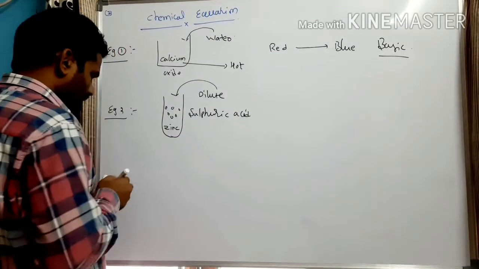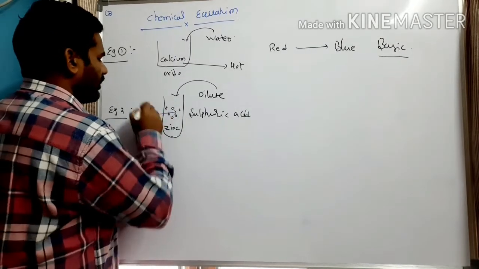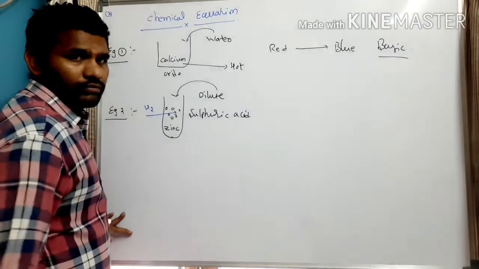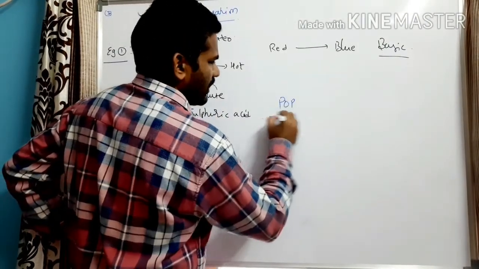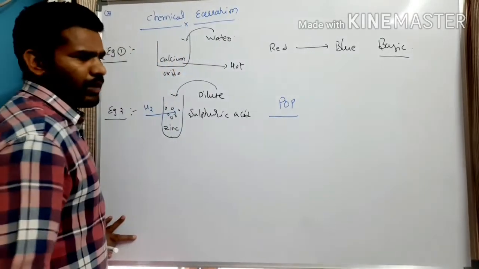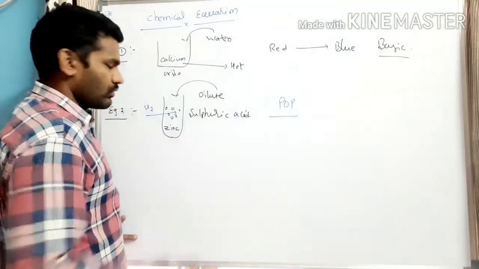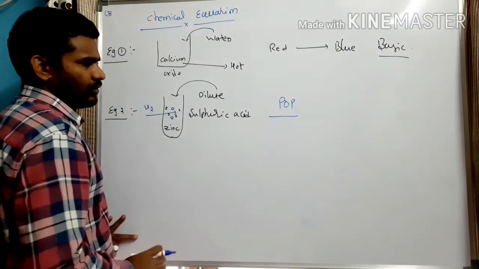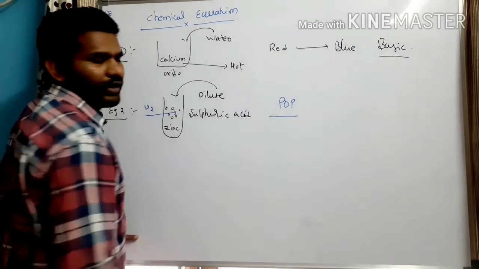We have said that those bubbles are nothing but hydrogen. How? When you take a burning matchstick towards it, it puts off the flame with a pop sound, which indicates that the gas liberated upon addition of dilute sulfuric acid to zinc granules is hydrogen.